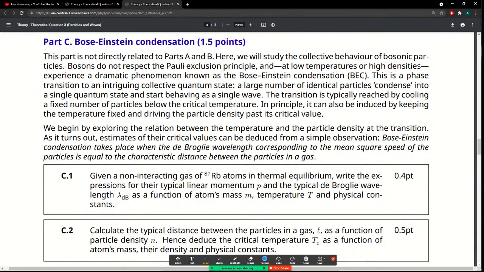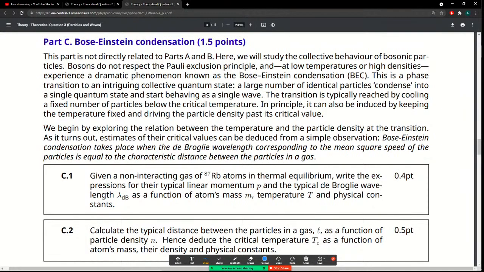A large number of identical particles condense into a single quantum state and start behaving as a single wave. The transition is typically reached by cooling a fixed number of particles below the critical temperature. In principle, it can also be induced by keeping the temperature fixed and driving the particle density past its critical value. We begin by exploring the relationship between temperature and particle density at the transition.